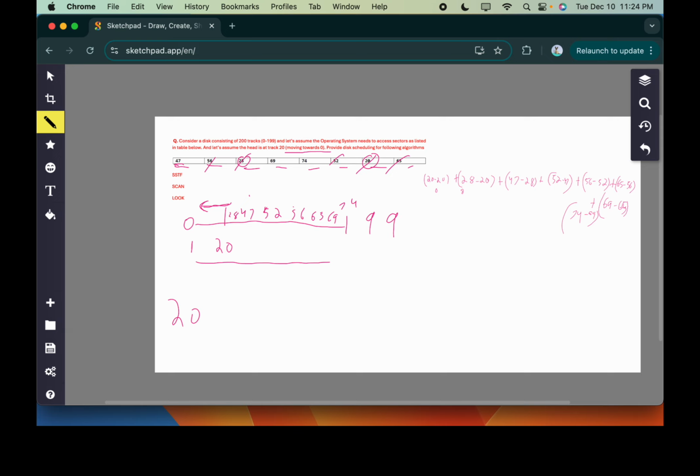Yeah, so we go through all these. We go back to the 20, and from 0 we go all the way until the last one is found, which is 74. So we do 20 going back plus 74 going forward.